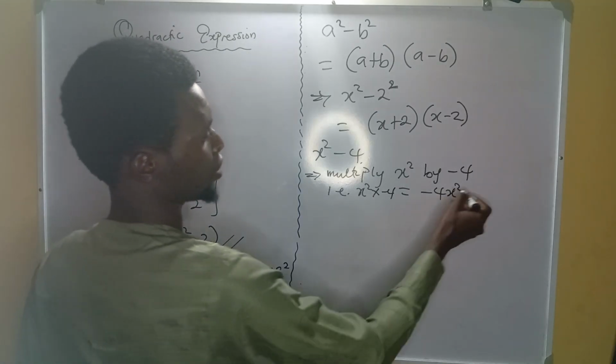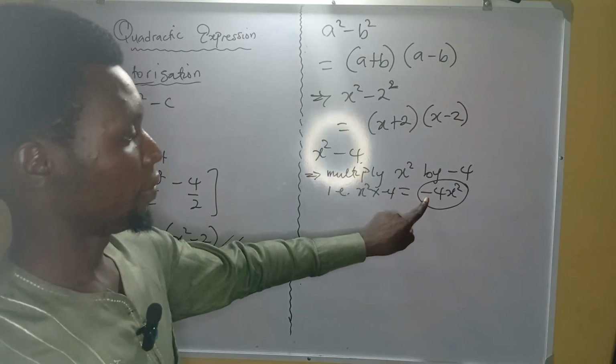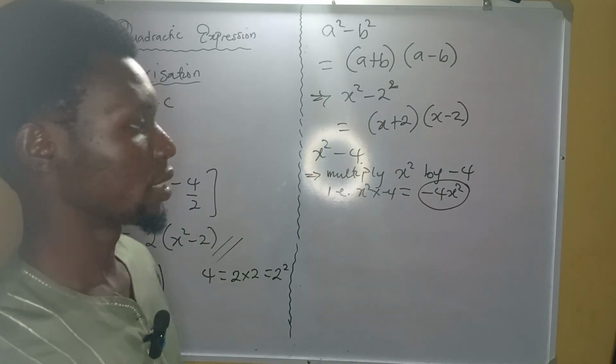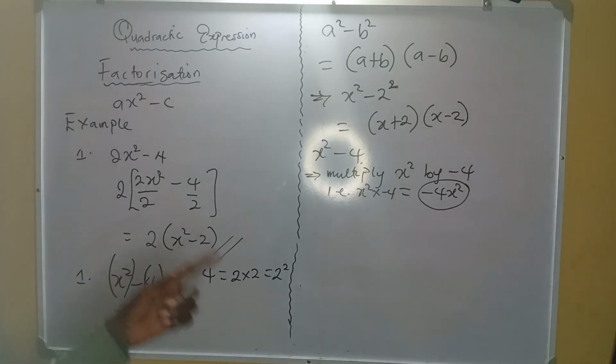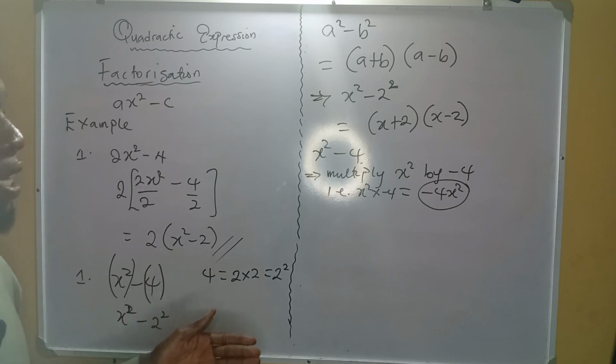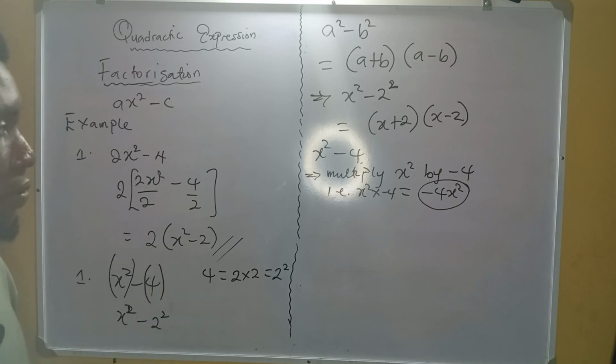And now we say something about it: whenever the last term or the constant term is negative, the two factors we have to look for, one will be positive and the other will be negative.